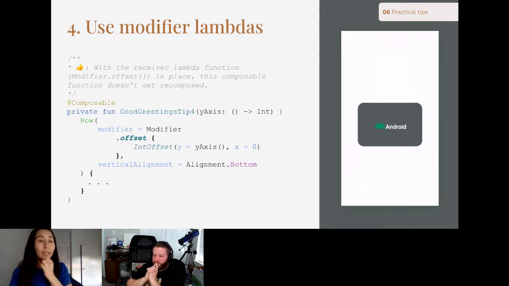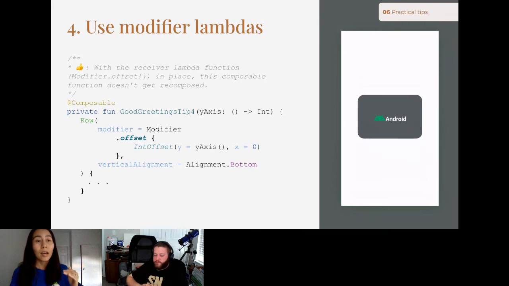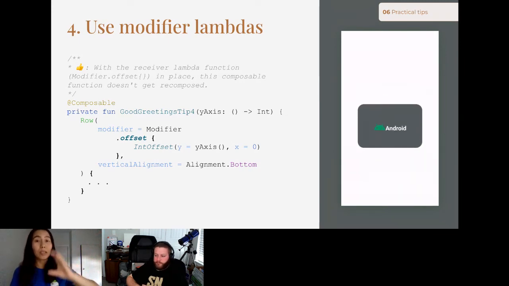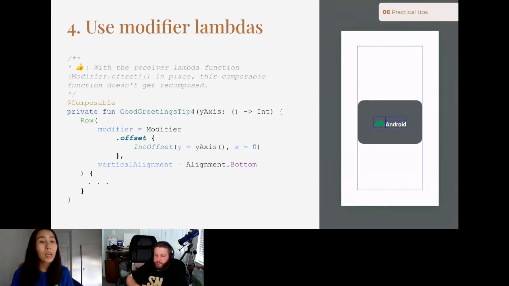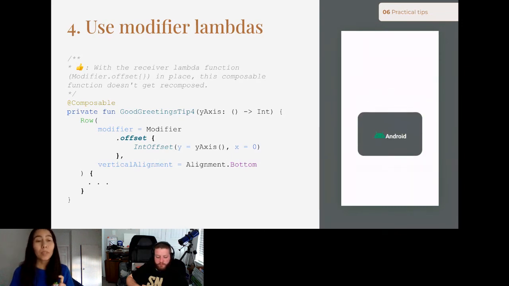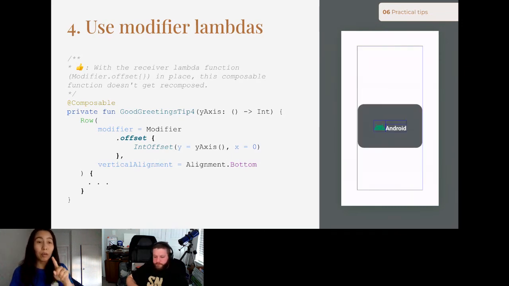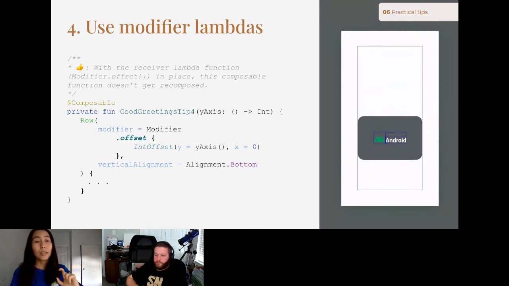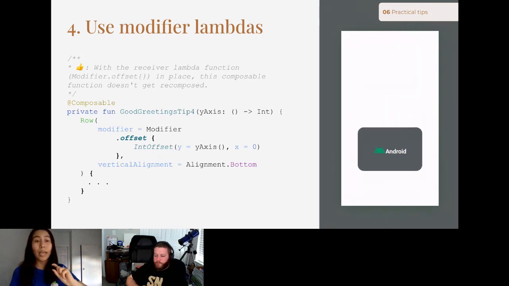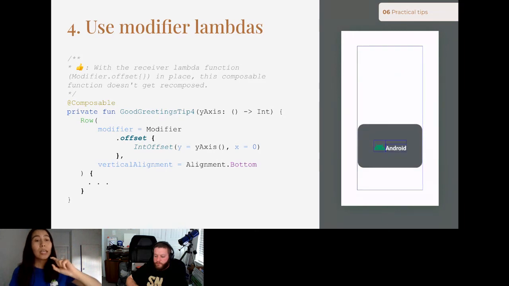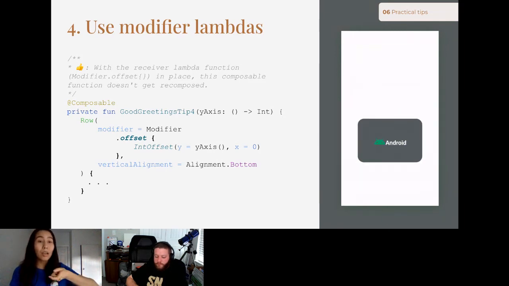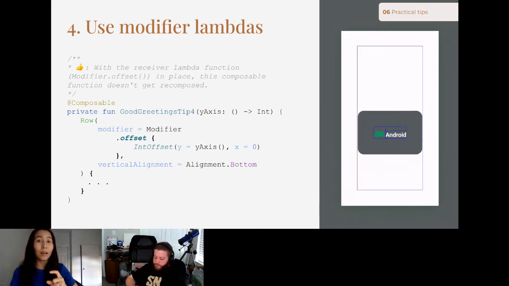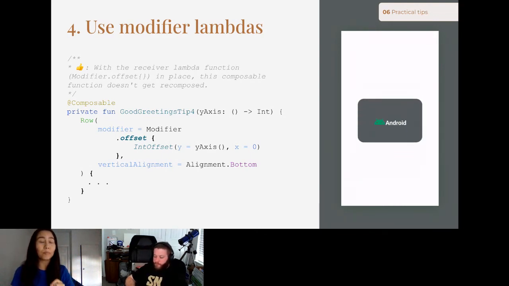Here's the example of the modifier offset, right? We have a y-axis parameter that frequently gets updated because we're moving this composable function up and down. If we keep a regular modifier function offset, what happens is because the y-axis value is frequently changed, it recomposes the entire row all the time with every frame move.